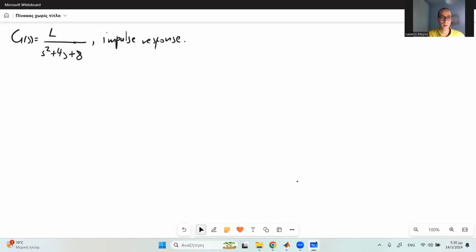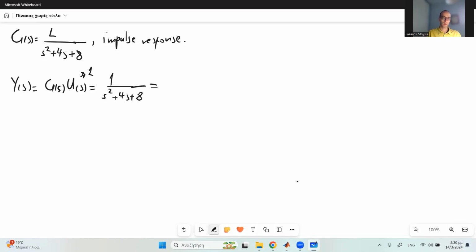Great, so let's begin by solving this system. The output is the transfer function multiplied by the Laplace of the input. Here we have the impulse function, so the Laplace is equal to 1. So we end up with 1 over s squared plus 4s plus 8.